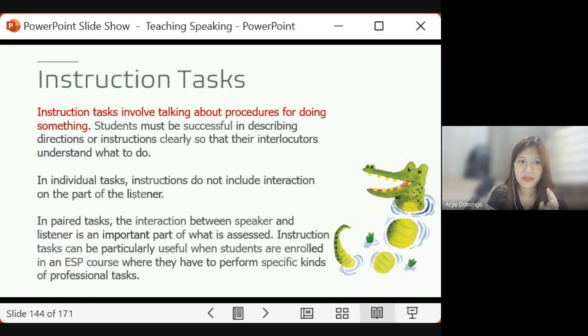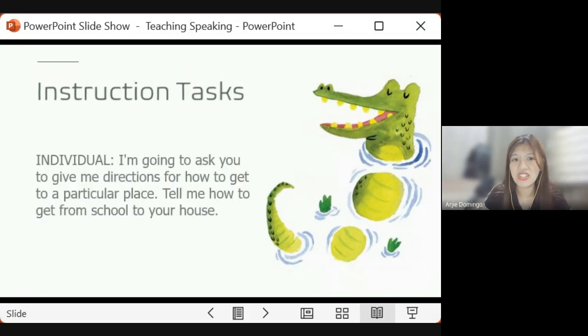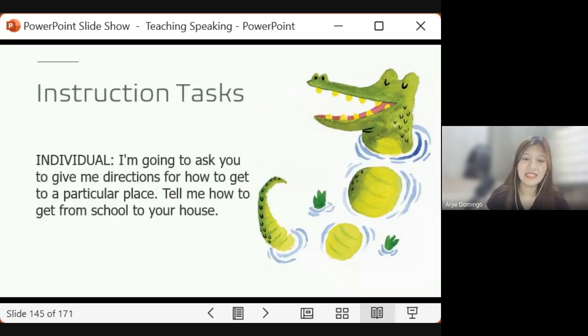The individual task, of course, is quite lacking in terms of interaction. But in the paired task, you could use turn taking and you could ask the pair to perform specific kinds of tasks based on the instruction task. Individual, for example, just tell me if I'm going too fast.